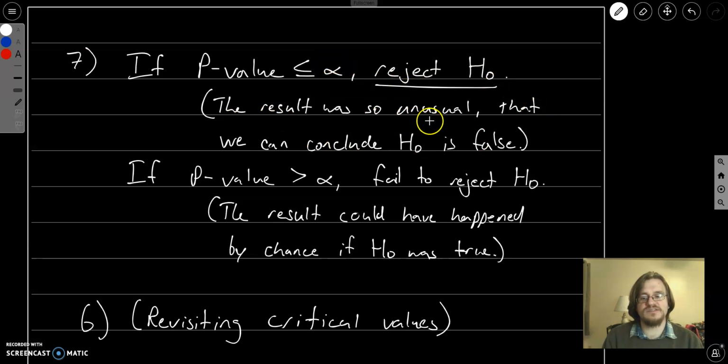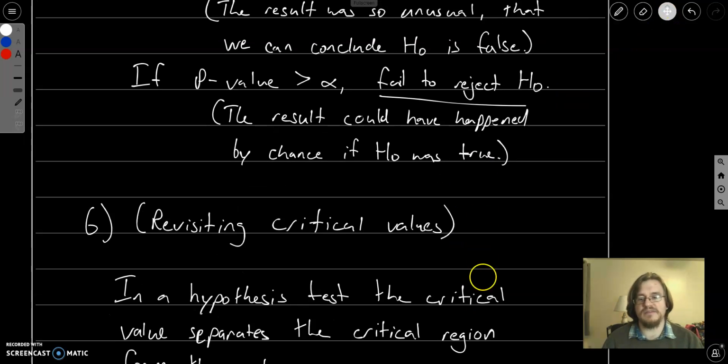The result was so unusual that something fishy was going on, so we conclude that H0 is false. If the p-value is greater than alpha, we can't say much. The result could have happened by chance. This is calculating the p-value.